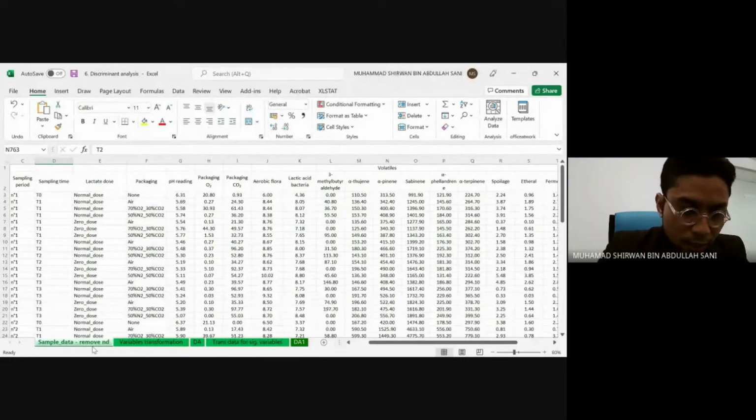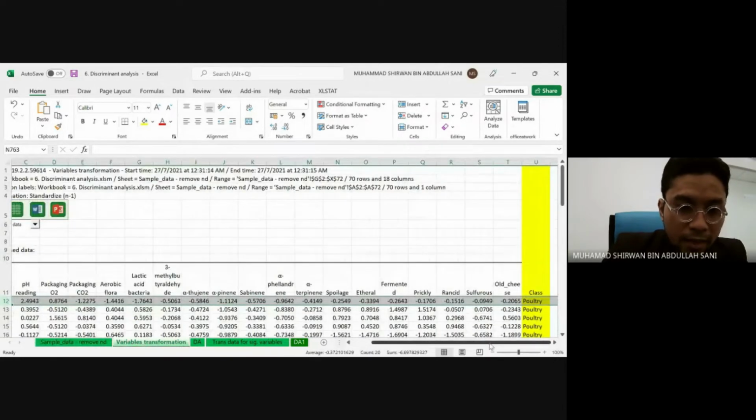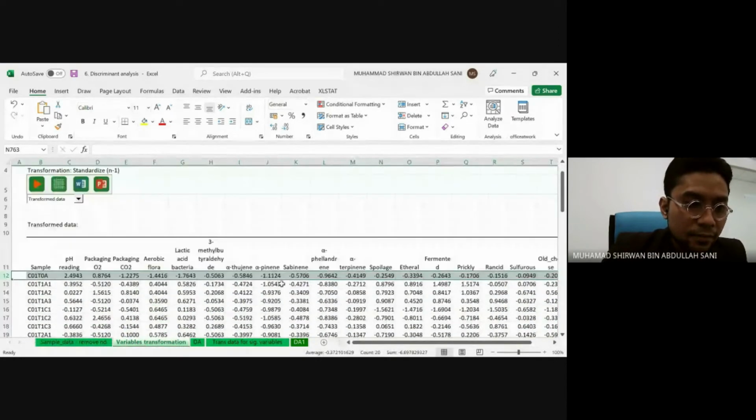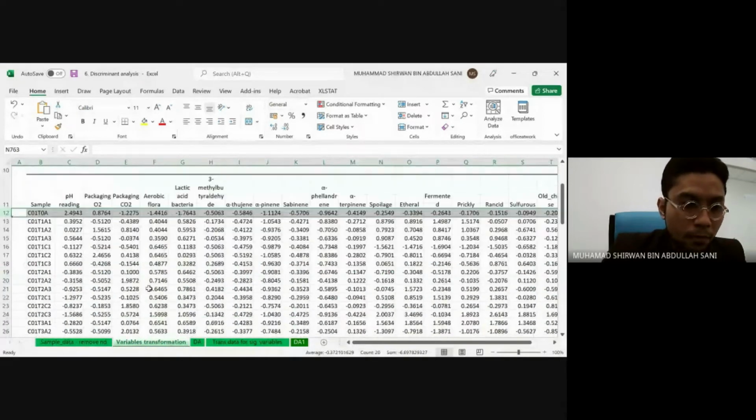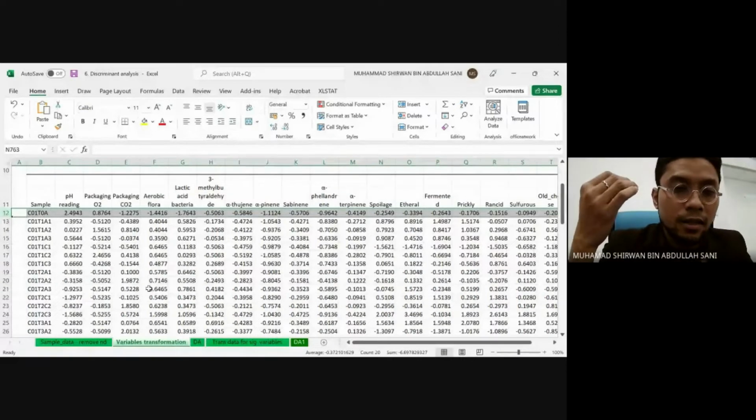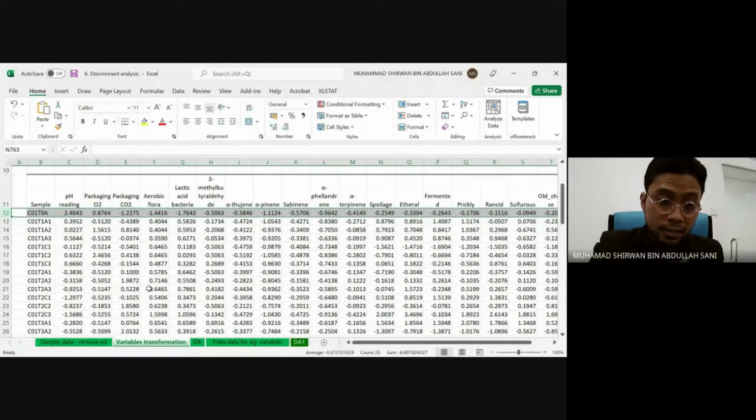This is the original one. Now we need to go for transformation, so go to the next sheet, which is variable transformation. This is the transformed data that I have correctly done for you, so no need to worry. Because we want to know how the discriminant analysis is carried out, and the variable transformation was already done yesterday, we don't want to repeat the step. So just take yesterday's data.